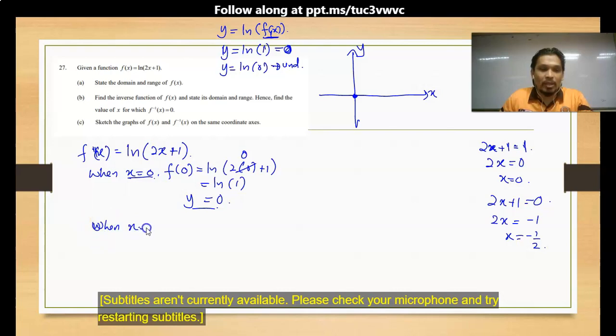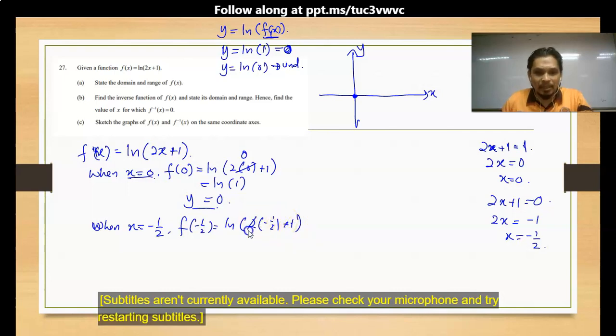When x equals negative 1 over 2, so f of negative 1 over 2 equals natural log of 2 times negative 1 over 2 plus 1.